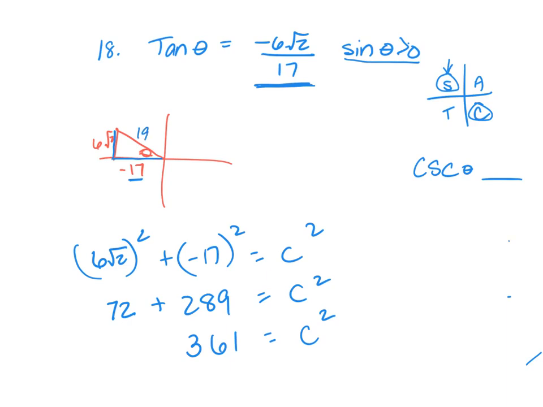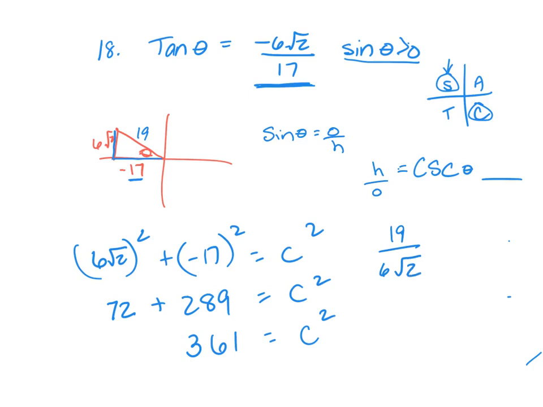So now we have cosecant. Cosecant is the reciprocal of sine. So sine of the angle is opposite over hypotenuse, and cosecant is going to be hypotenuse over opposite. So let's do 19 over 6 root 2. Everybody with me?